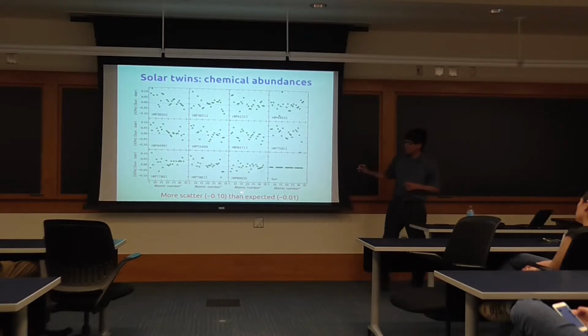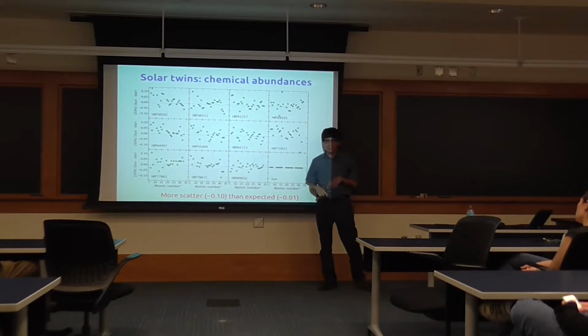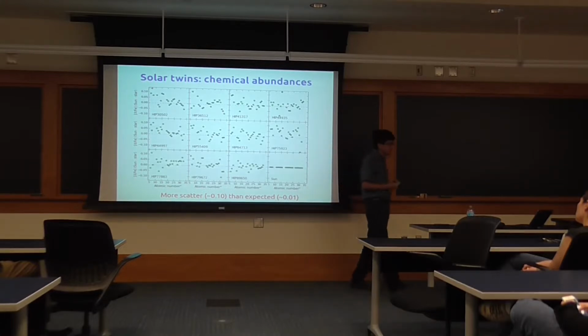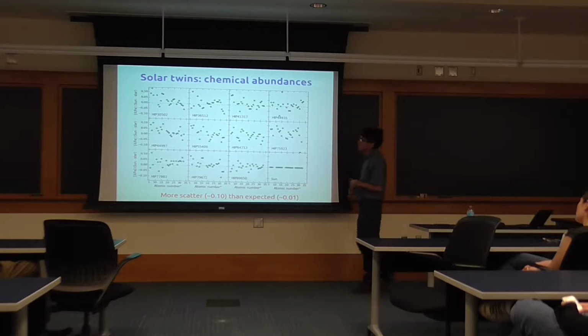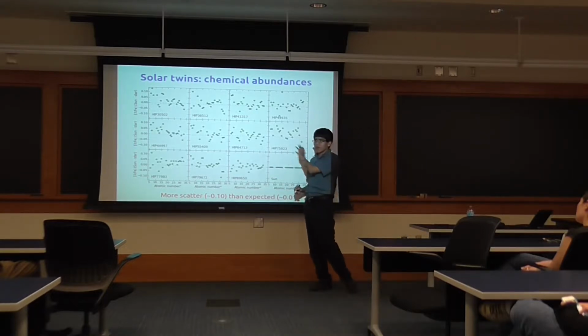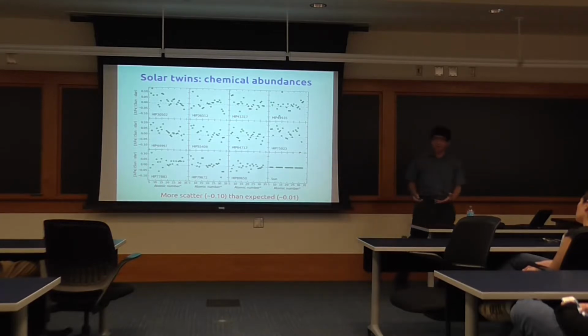On average, there is a scatter of about 0.1 dex. So that expectation was not correct, even though these objects have about the same temperature, the same gravity, and roughly the same iron abundance as the sun. The abundance ratios of all these other elements are actually not solar at this level of precision.